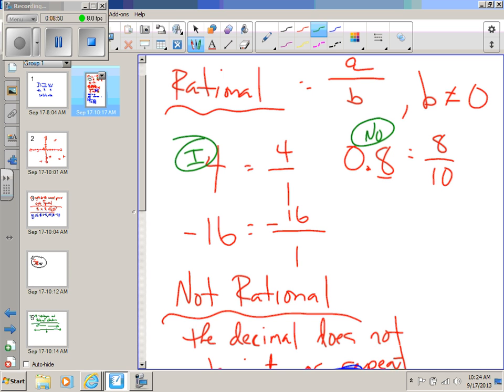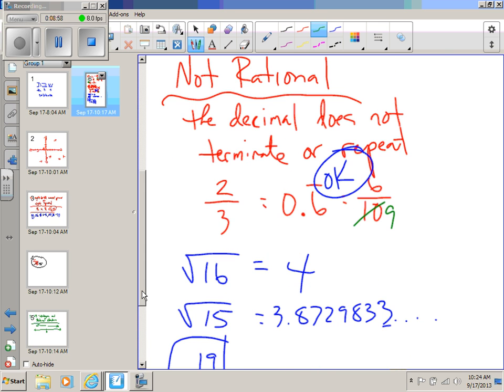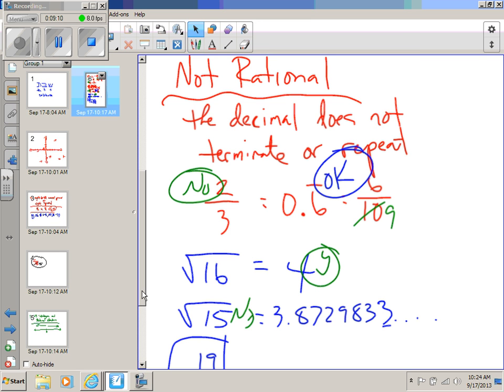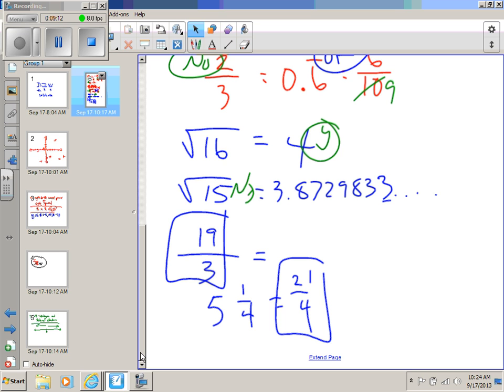Negative 16, integer? Yeah. More likely to see that on a number line, right? You're not going to put 0.8 on a number line, not if you're just making your own. 2/3, integer? No. 19 over 3, no. 5 1/4, no, that wouldn't be an integer either. Any questions so far?